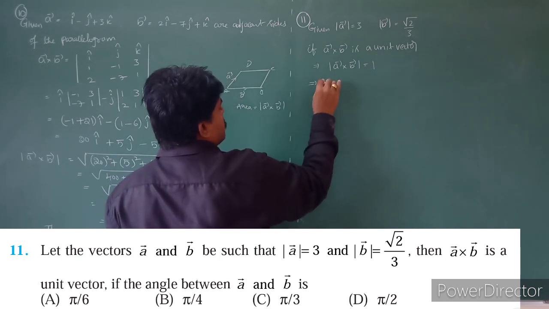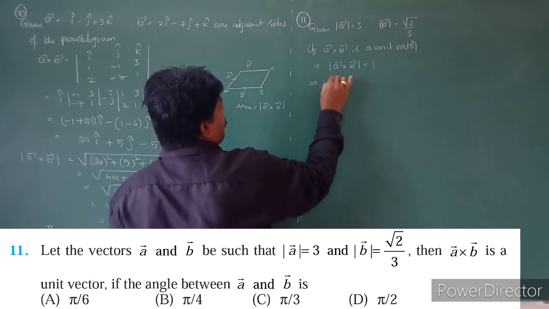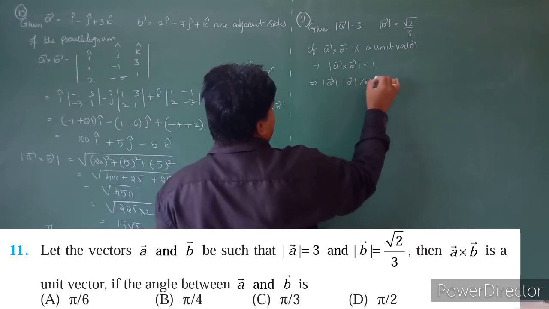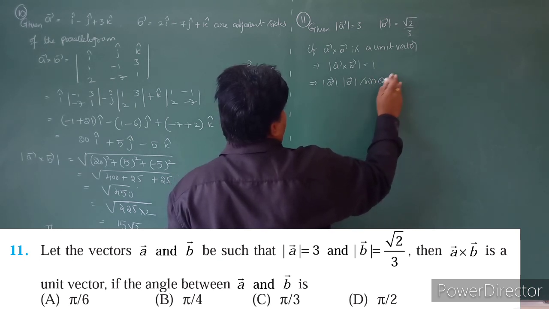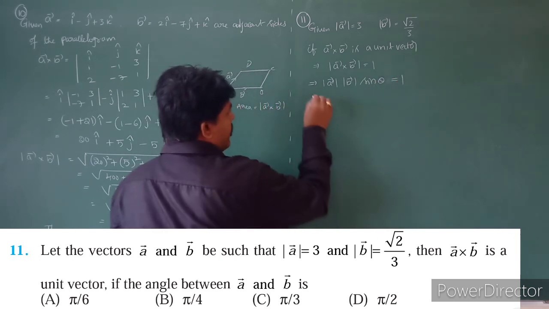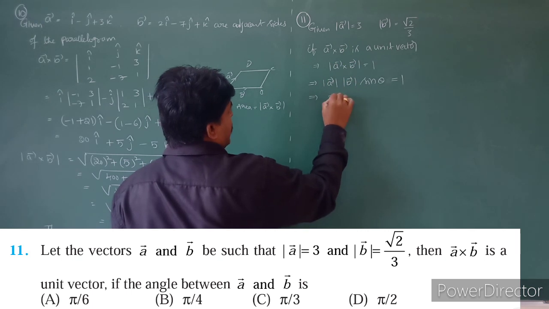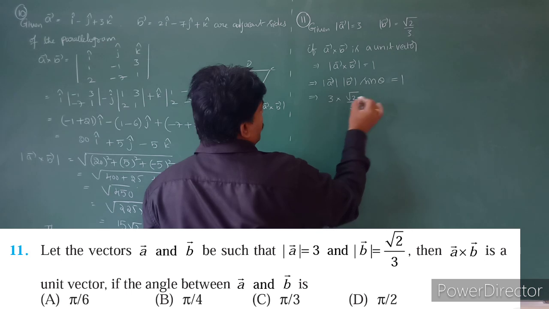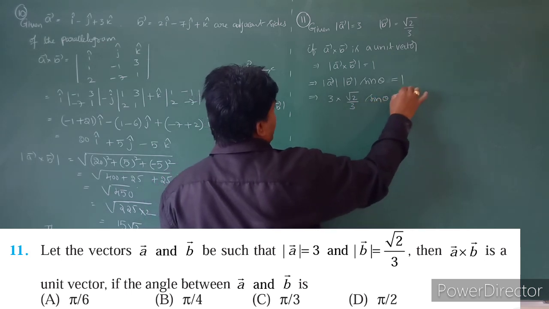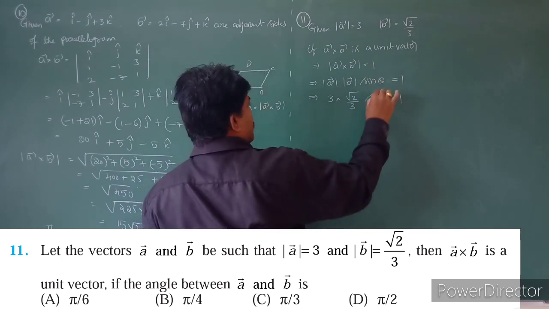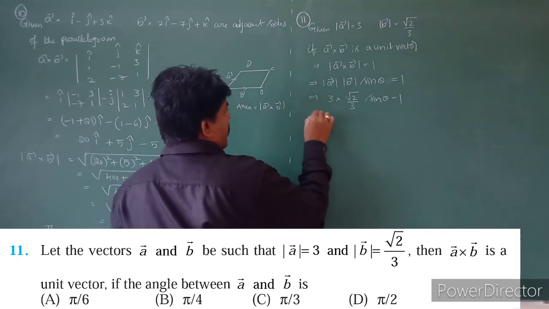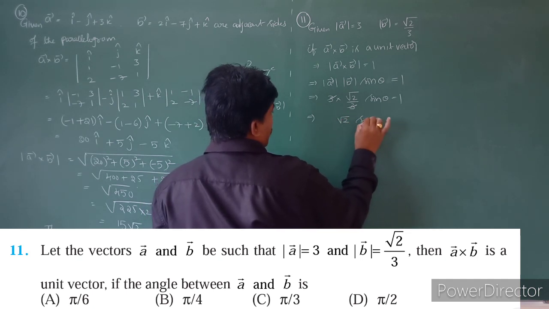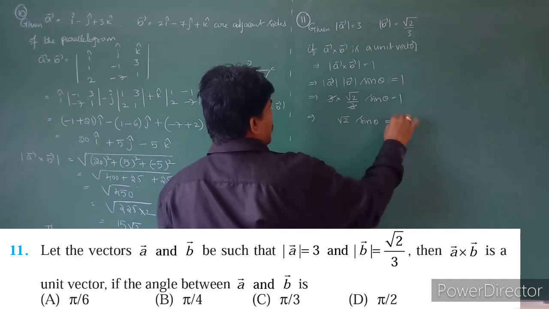So what is mod a bar cross b bar? Mod a bar mod b bar sin theta is equal to 1. Mod a value is 3, into mod b, which is root 2 by 3, into sin theta, so that is equal to 1. You can cancel these values here: root 2 into sin theta is equal to 1.